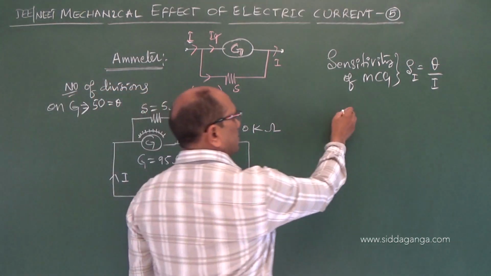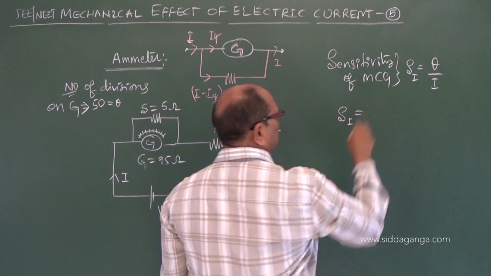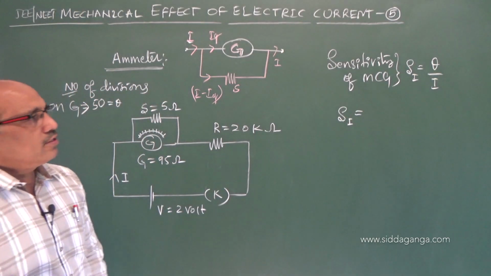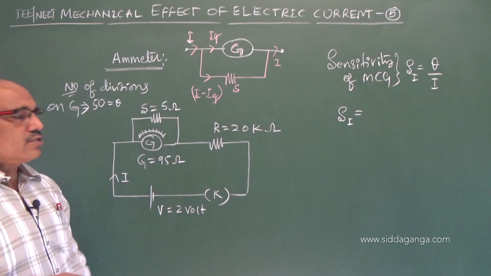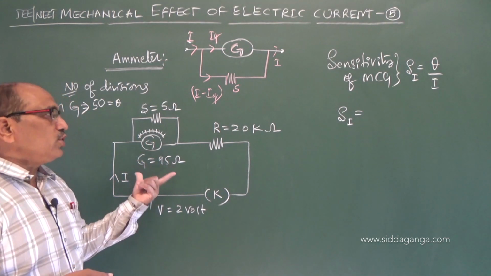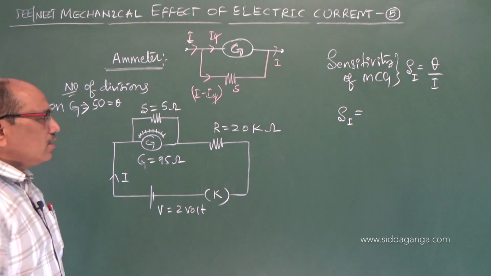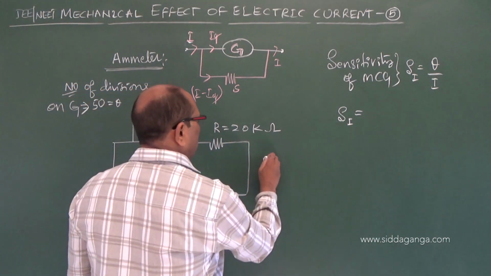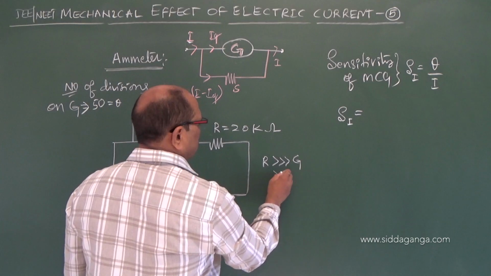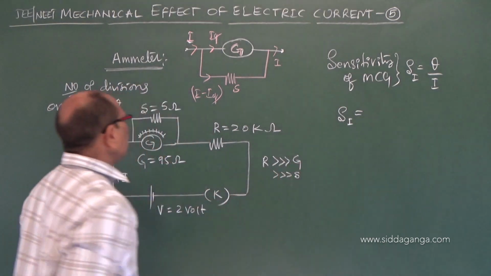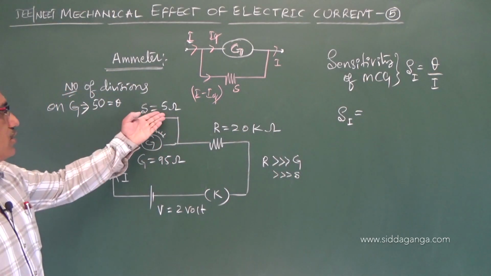In SI, question is on current sensitivity, theta by I. They given theta, the scale has 50 divisions, but this circuit through which we have to find the main current. But when you see the R value is very much greater than G, and also very much greater than S. It is 95, it is 5.